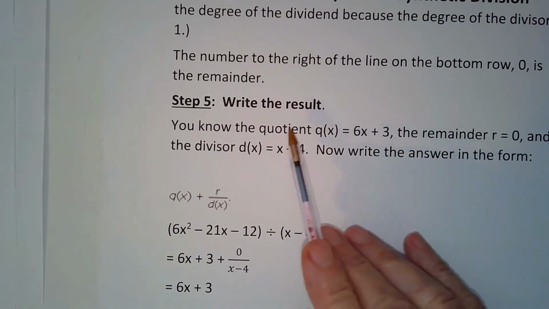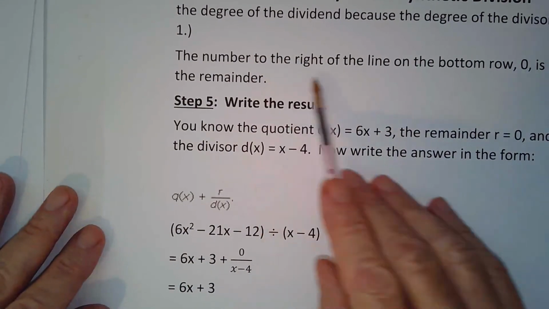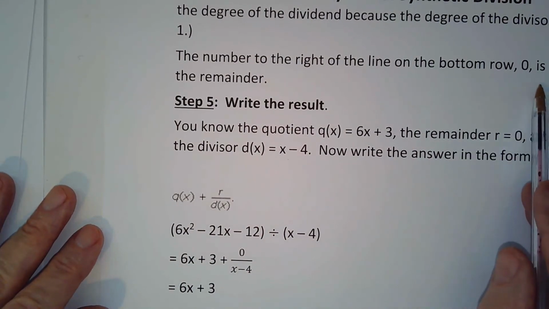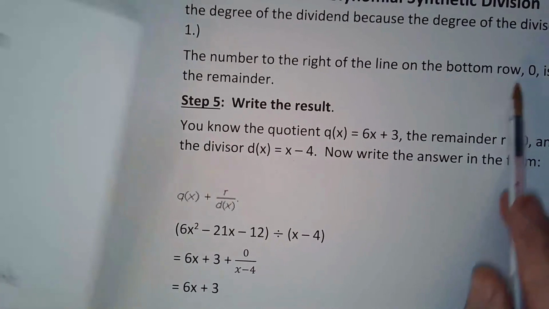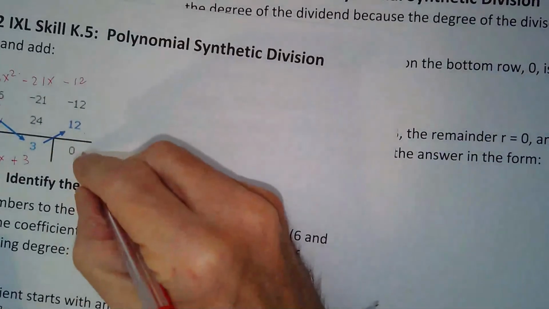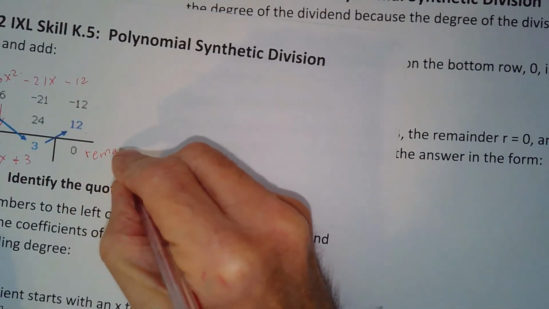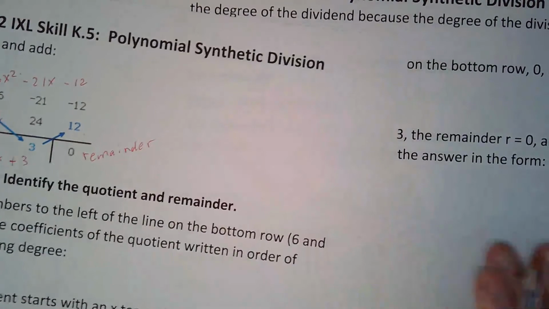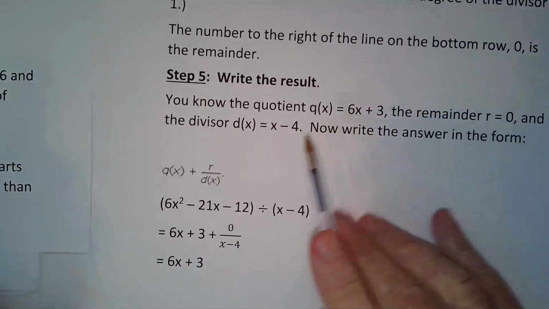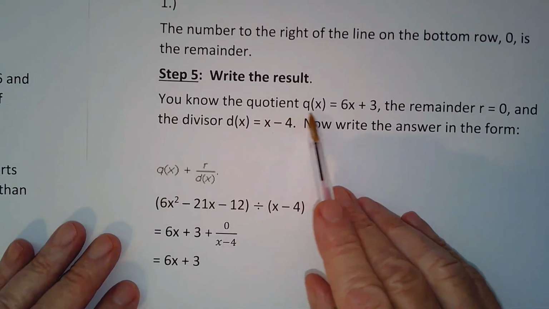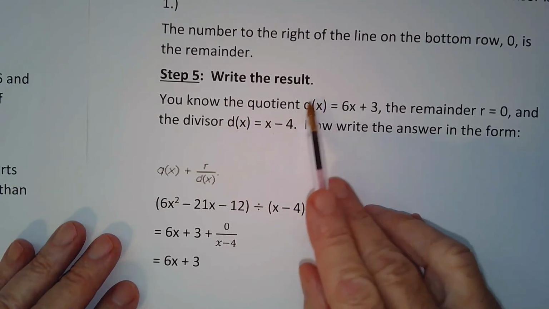All right. So the number to the right of the line on the bottom row is 0, and that is going to be your remainder. So this 0 is the remainder. Now we're going to write the result out. You know the quotient, which is the end polynomial answer.